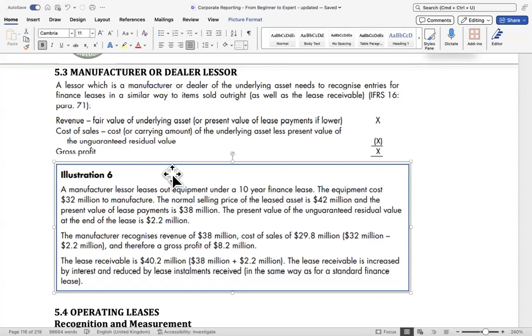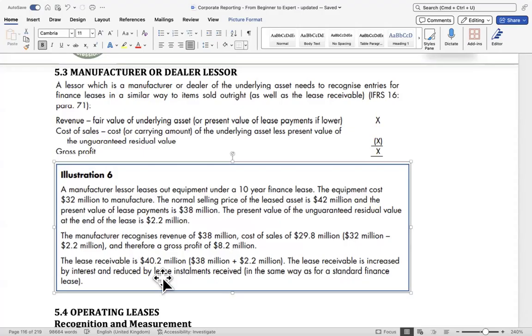The equipment costs 32 million to manufacture. The normal selling price is 42 million. The present value of lease payment is 38 million. The present value of unguaranteed residual value is 2.2 million. Okay, so that's the question majorly. The second paragraph and third paragraph is the solution.